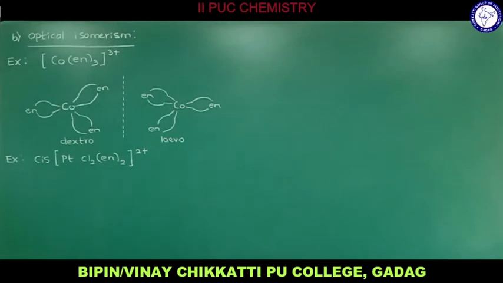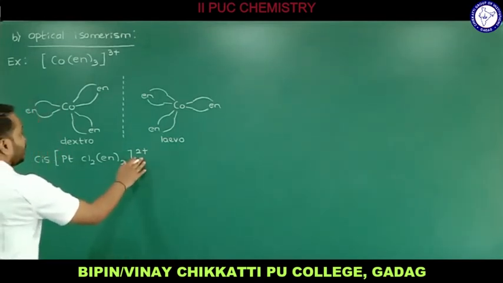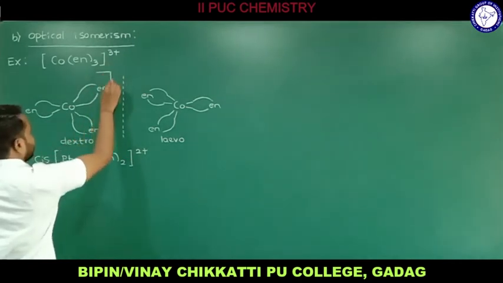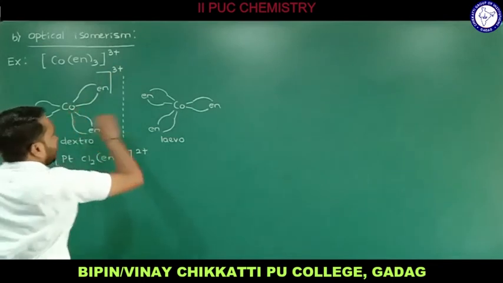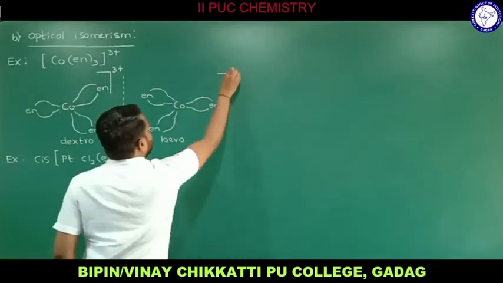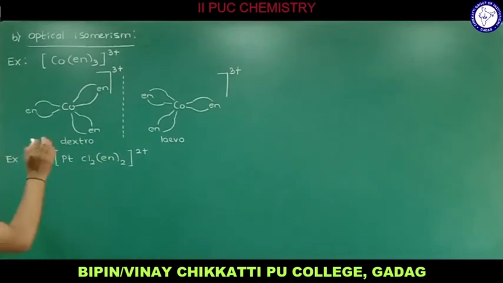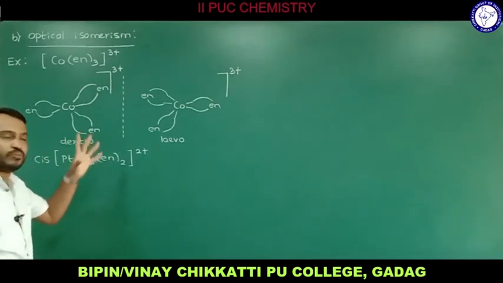Now we'll draw the optical isomers for this one. In the previous example also we have a charge, and I forgot to mention it. Sorry, it is compulsory to mention this charge, so 3 plus there. I apologize for not writing the charges. It is compulsory, otherwise you will lose marks if you don't mention the charge.